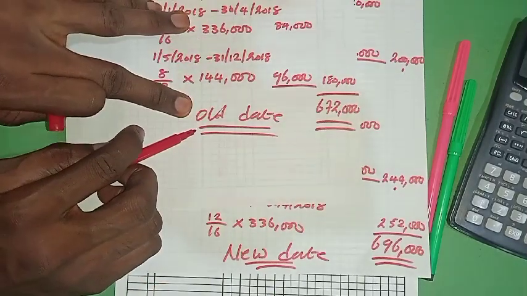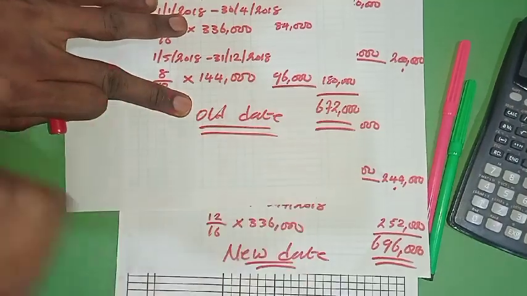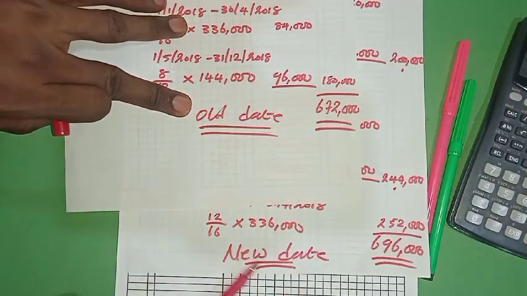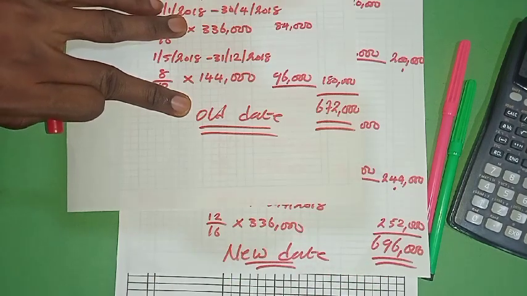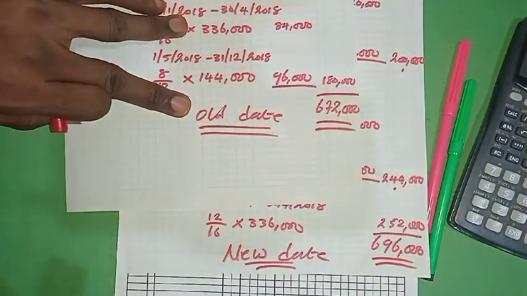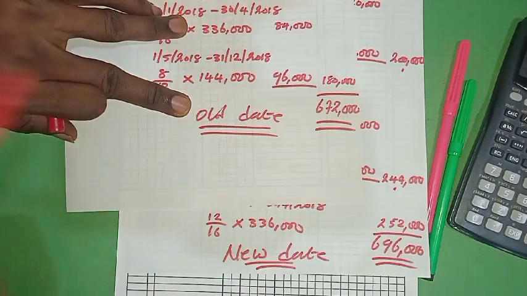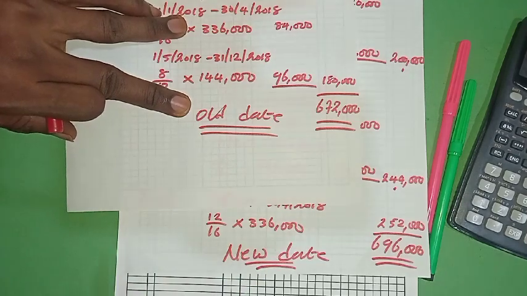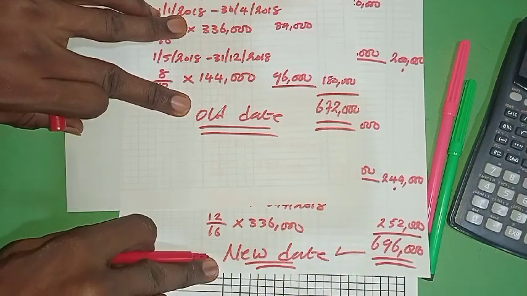This is the old date and this is the new date. Now, the old date is giving us 672,000, while the new date is giving us 696,000. Remember, the law said that we should compute based on old and new. Then we will now choose. If you are the tax authority, which one are you going to choose? You definitely choose the higher figure, which is the new date.